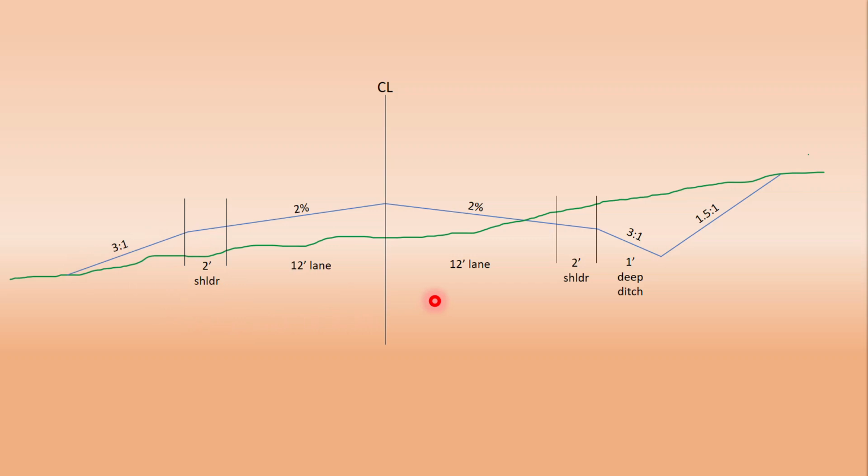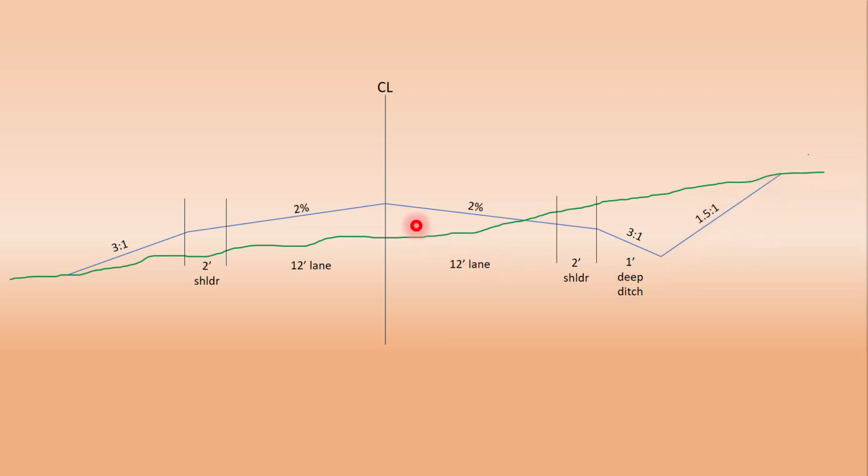Sorry, there's a little lag here with my pointer. There we go. On the cut side, you have your driving surface and your shoulder, and then you do need a ditch. So your cut side is always a longer or wider geometry before you get into your transition slope or your catch slope.